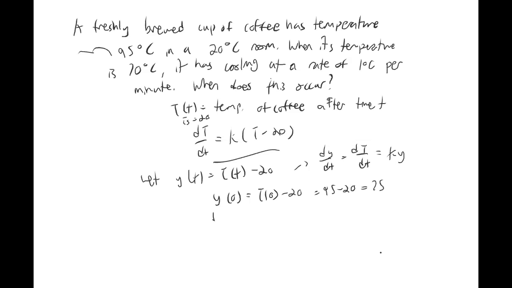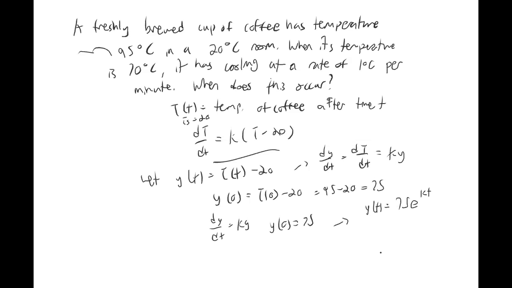So I have my differential equation, ky, and I have y of 0 is 75. My solution is y of t equals 75 e to the kt. Everyone follow? It seems like I wrote a lot, but really I just wrote what y was.